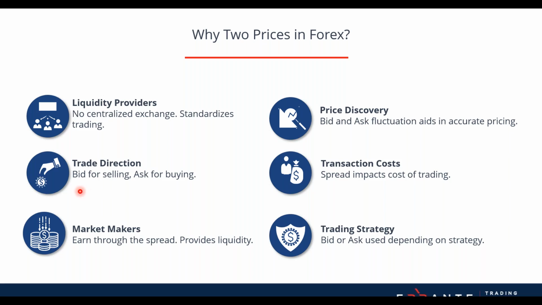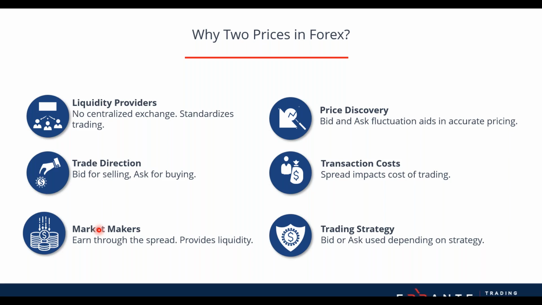Additionally, as you know, the difference between these two prices is called a spread, which is essentially the cost of trading. It's how brokers make money and how you need to account for trading costs in your strategy. So the existence of two prices in forex, bid and ask, ensures market liquidity, standardization, and functionality.